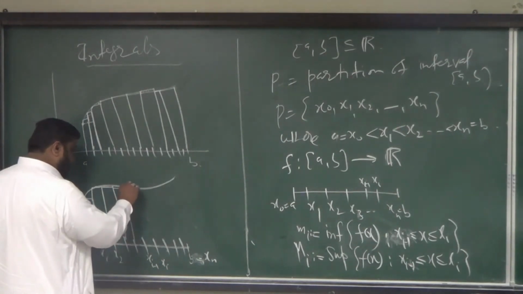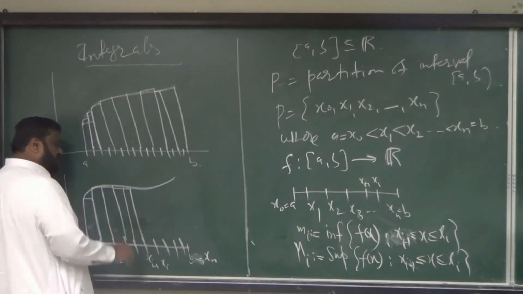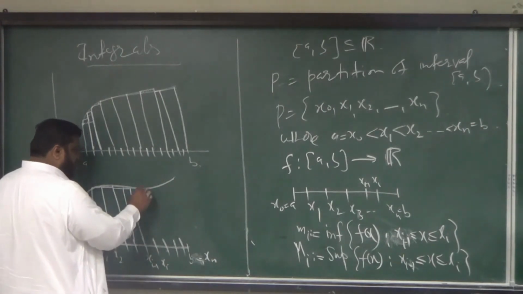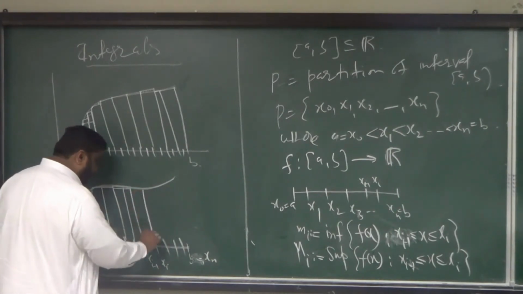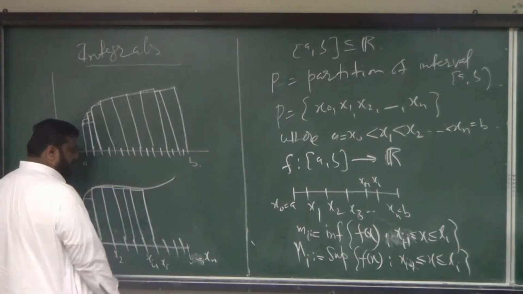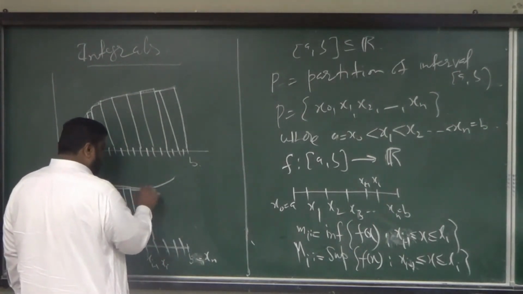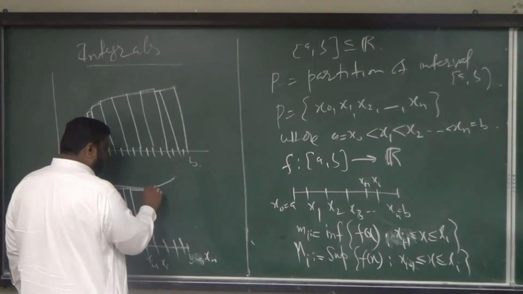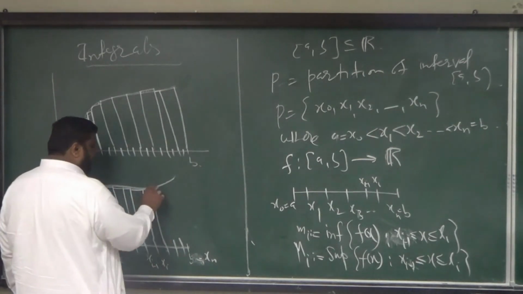Similarly, in this interval, the smaller value is on this side, and then maybe the smallest value is on this side. This one goes here, in this interval the smallest value is here, and so on and so forth.